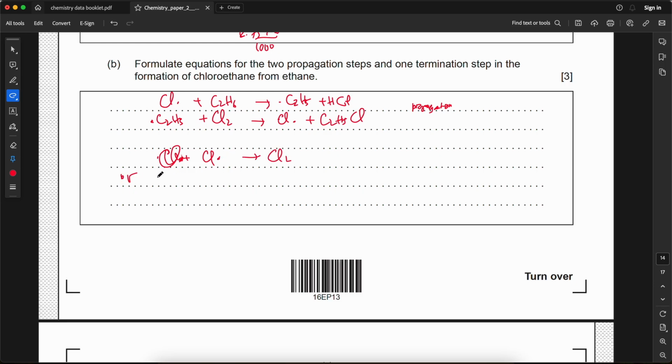Or C2H5 radical plus C2H5 radical will produce C4H10, okay? Or C2H5 plus Cl will produce C2H5Cl. This is termination. All right.